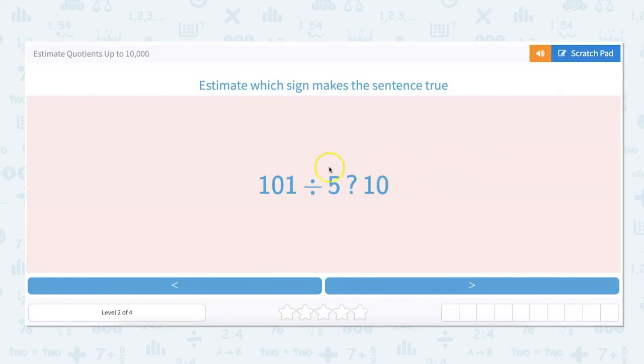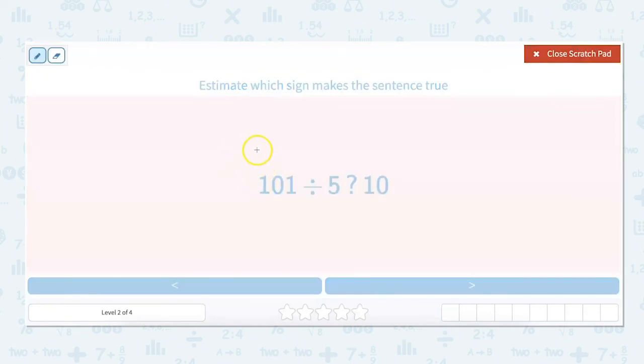All right, 101 divided by 5 is greater than or less than 10. So 101 is going to round down to 100, and 100 divided by 5 equals 20. So 20 is greater than 10.